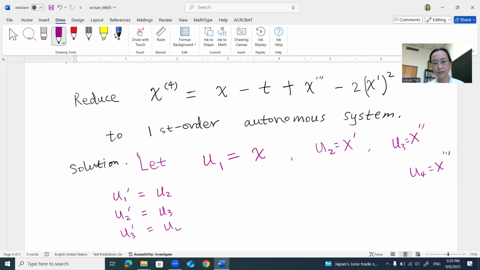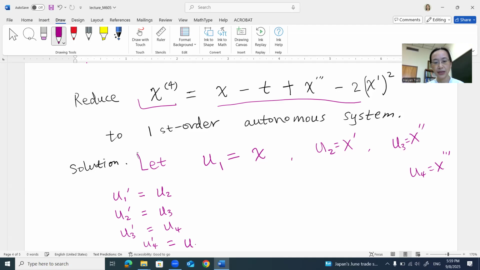U3's derivative will be U4. But U4's derivative is what? If you take the U4 derivative, then which is a fourth order derivative, right? So we can have one more equation, which is the U4 derivative, which is the right-hand side. You see, U4's derivative is this.